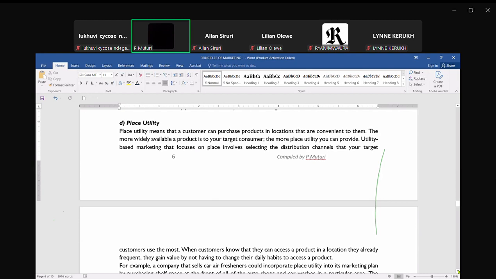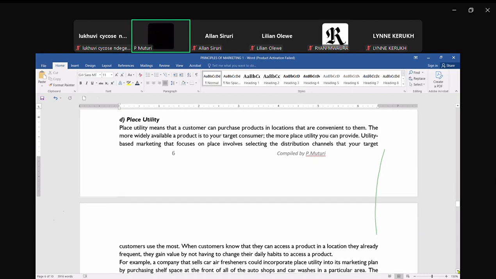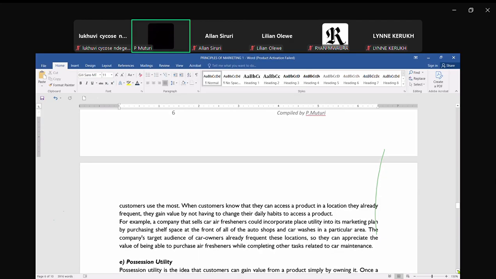So please, think about how you distribute your products nowadays. Now we're talking about e-commerce also. E-commerce is the aspect of providing products. The whole transaction from shopping to ordering online is also creating place utility. You can go online, order the products even from Carrefour or Naivas, and then Naivas or Carrefour supermarket has to think of how to deliver.